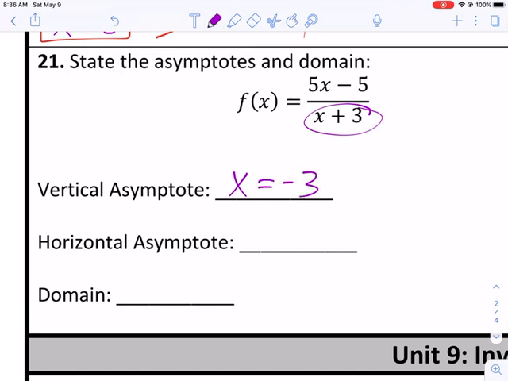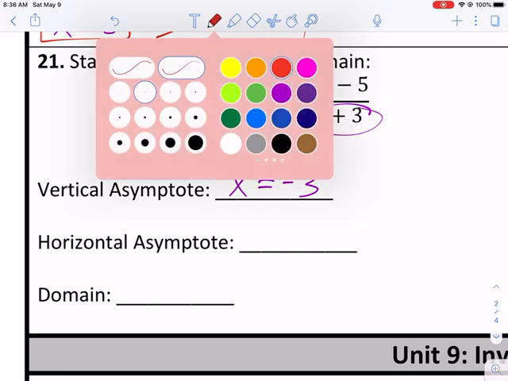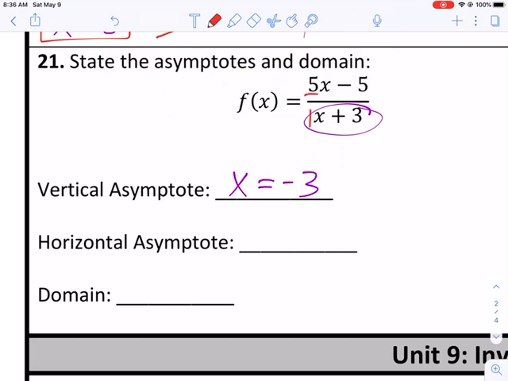The horizontal is from those 3 rules that all compare the very first exponent. Well, in this case, we have an x on top and bottom, so that means that we take the ratio of the coefficients since the largest exponent is the same. So we actually know that this is going to be 5 over 1, or 5.